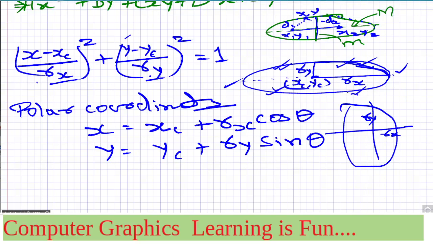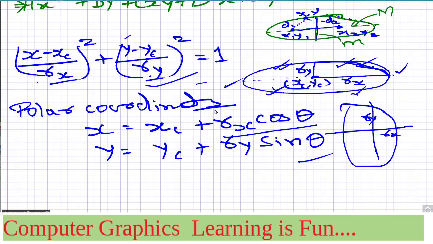But still you understand that calculation of square values, root values, and trigonometric values is computationally heavy. Is there any way, like we did for the line algorithm or circle algorithm? Yes, it may be.